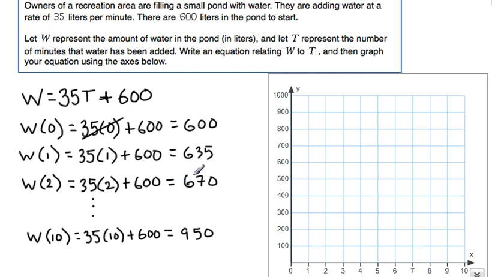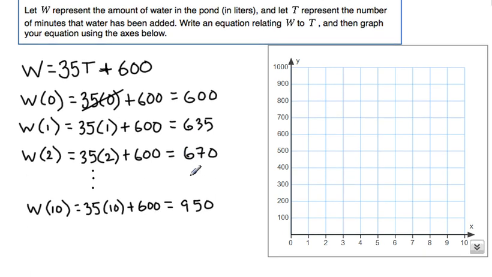All right, and what this does is it gives us a few points here to work with. So what I'm going to do is take the first point that we had, which would be 0, comma 600, because we know after 0 minutes there were 600 liters in the pond. And then I'm going to take the amount after 10 minutes, so that would be 10, comma 950.